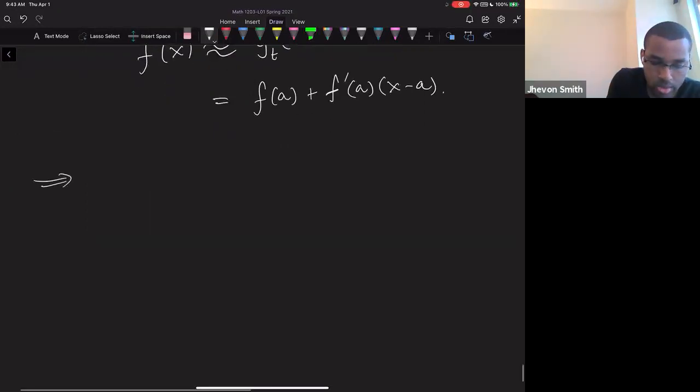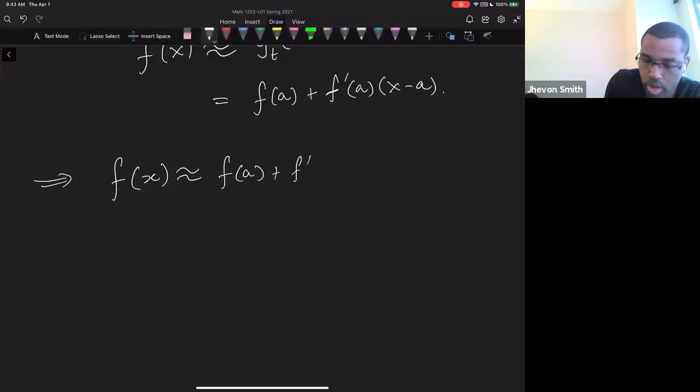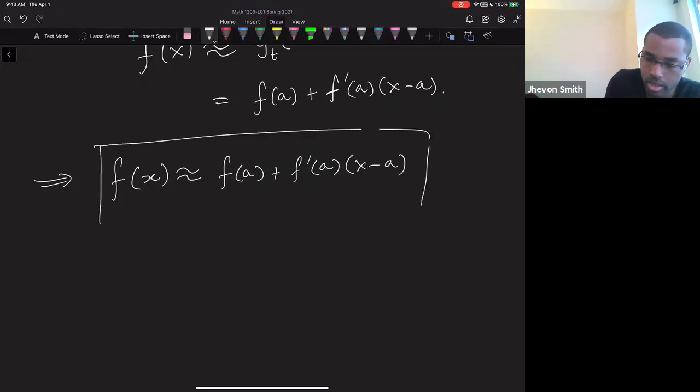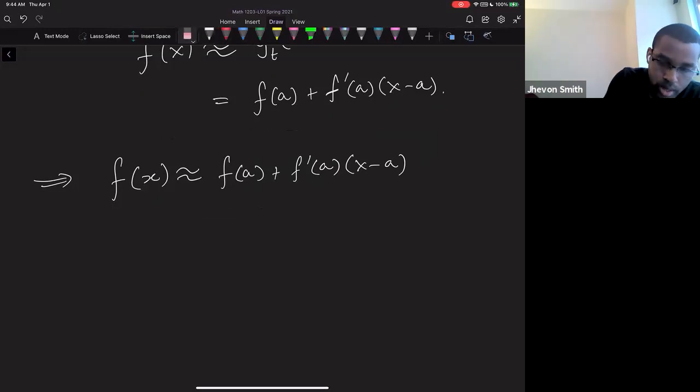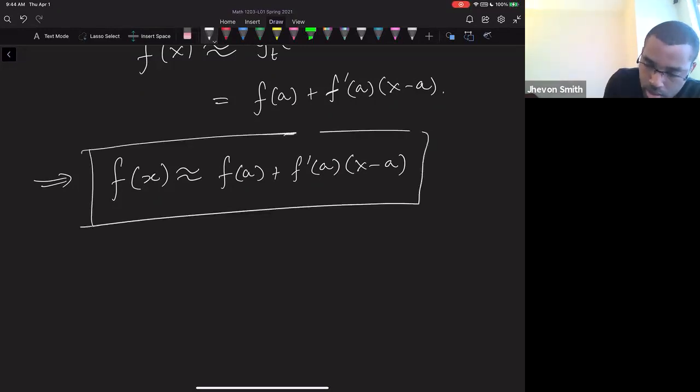So that tells you that your f of x is approximately f of a plus f prime of a times x minus a. This is called the linear approximation formula.